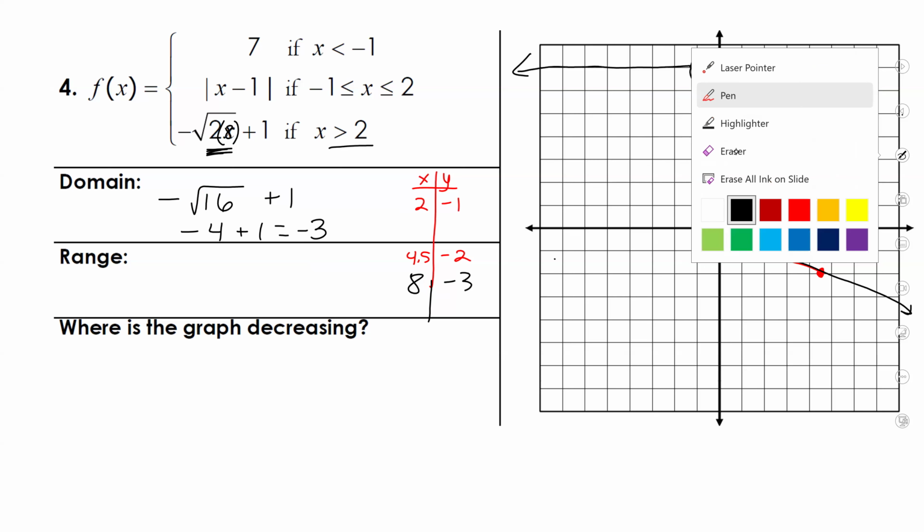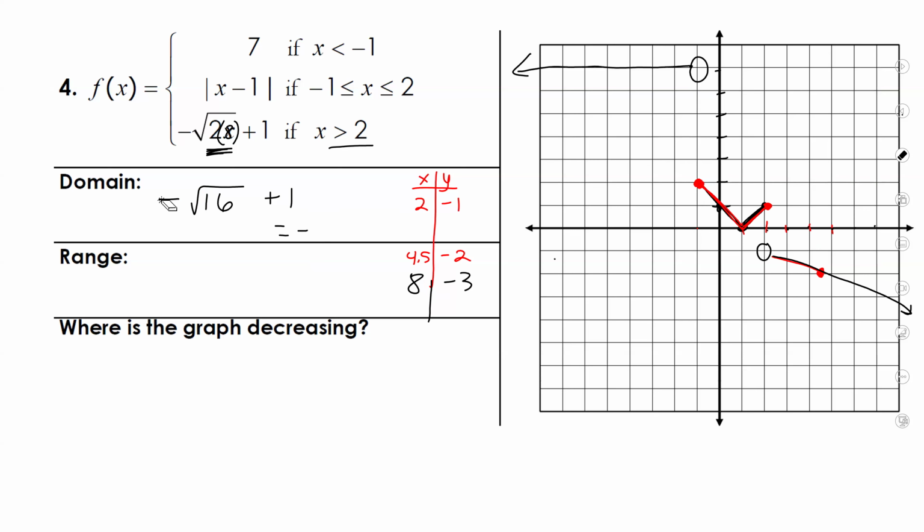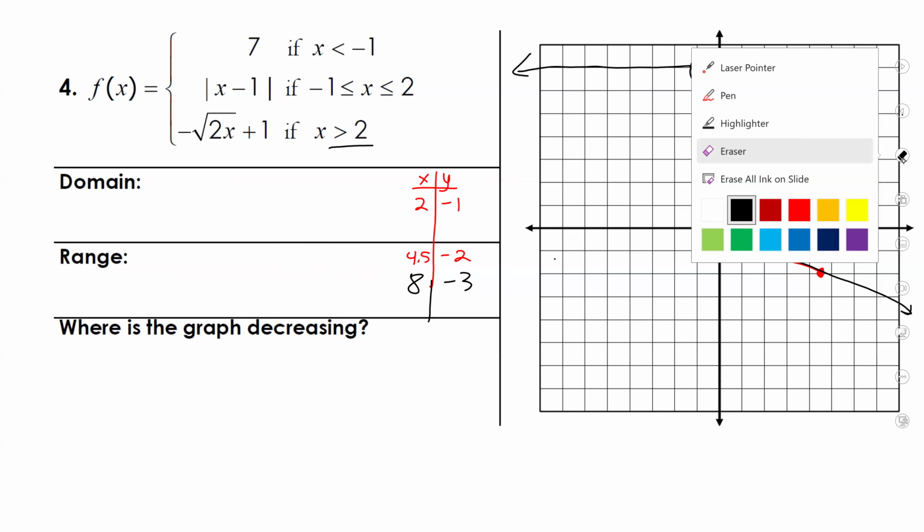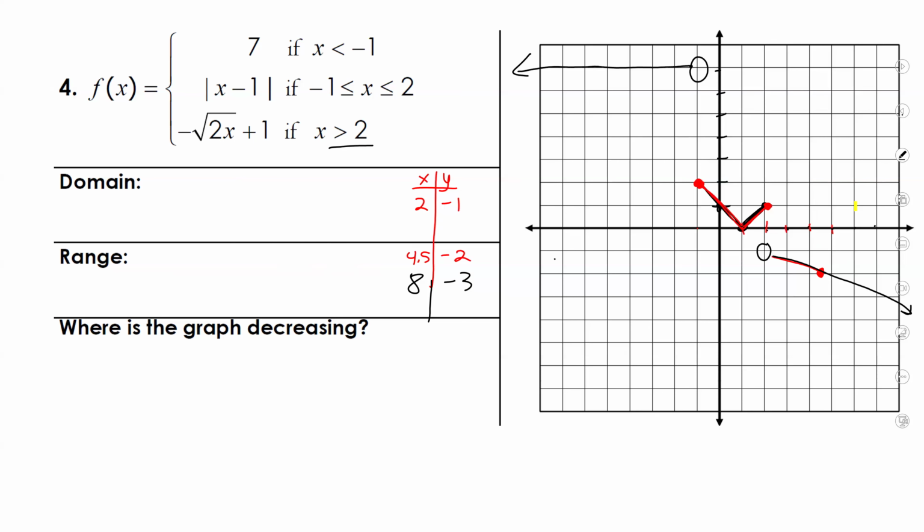Okay, so let's go ahead and talk about the domain and the range. My domain, guys, let's start on the left. On the very left, what is it pointing towards? Yes, so my first thing is -infinity.